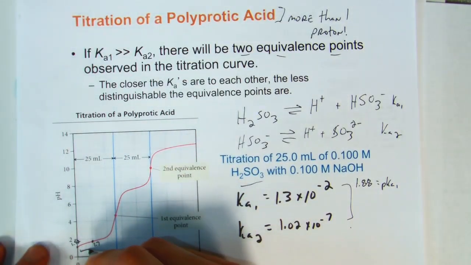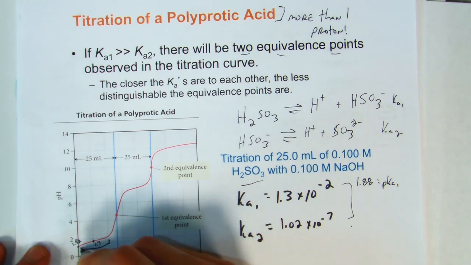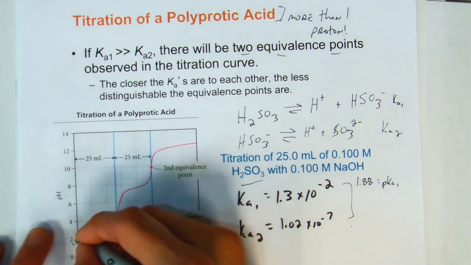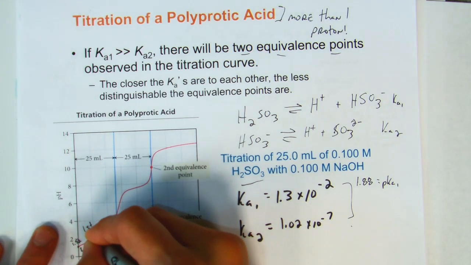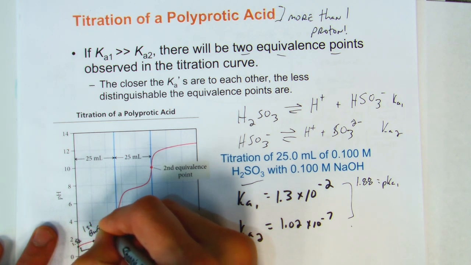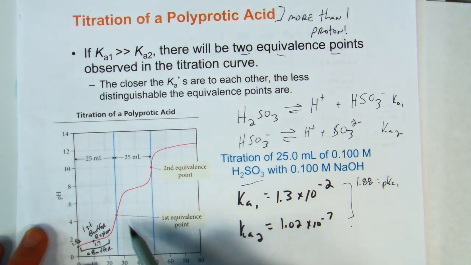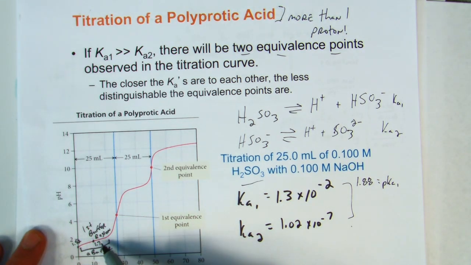Notice in our titration curve, because I'm titrating a weak polyprotic acid, a buffer forms in this region. We actually call this the first buffer region. There will be another one later. But this is the buffer region prior to the first equivalence point, after some titrant has been added, but that first proton hasn't been completely titrated off.